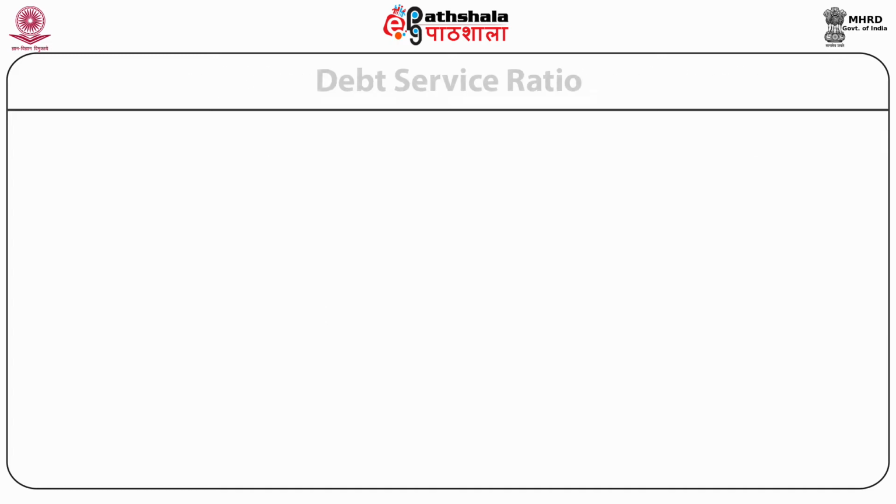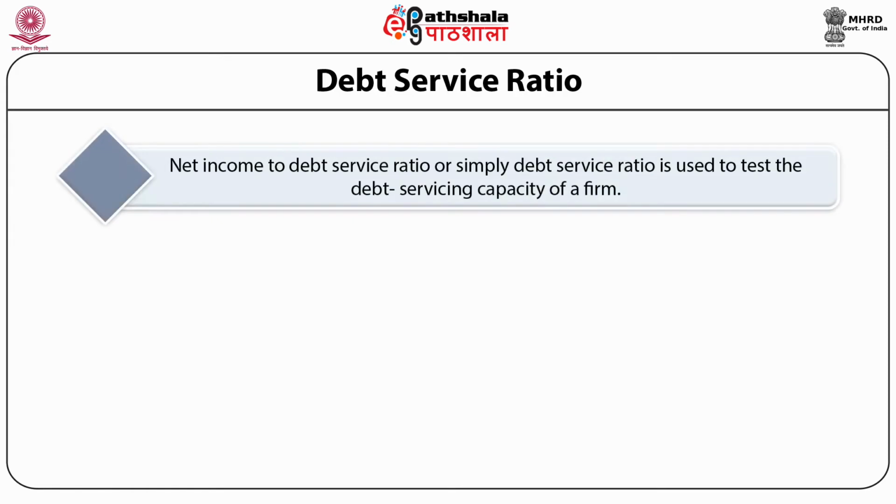Next ratio is debt service ratio. Net income to debt service ratio, or simply debt service ratio, is used to test the debt serving capacity of a firm.